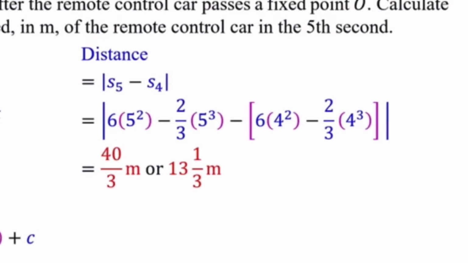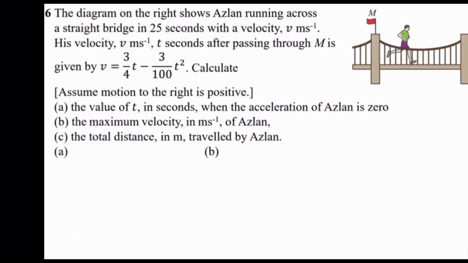Now let's proceed to the next question. The diagram on the right shows Azlan running across a street bridge in 25 seconds with a velocity v meter per second. His velocity v meter per second, t seconds after passing through M, is given by v equals 3 over 4 t minus 3 over 100 t squared.